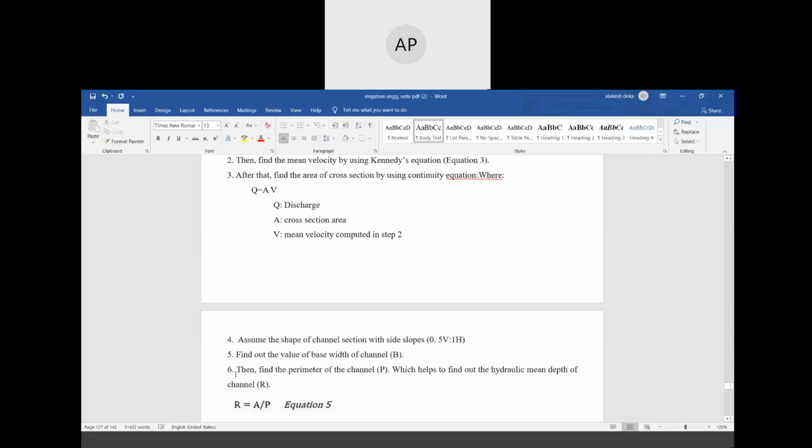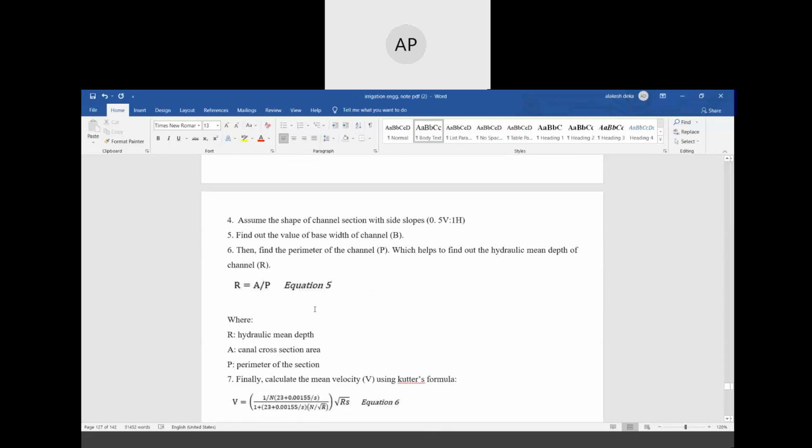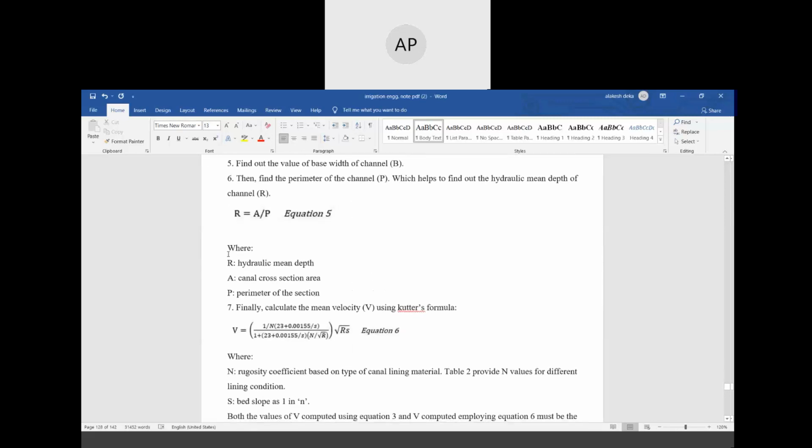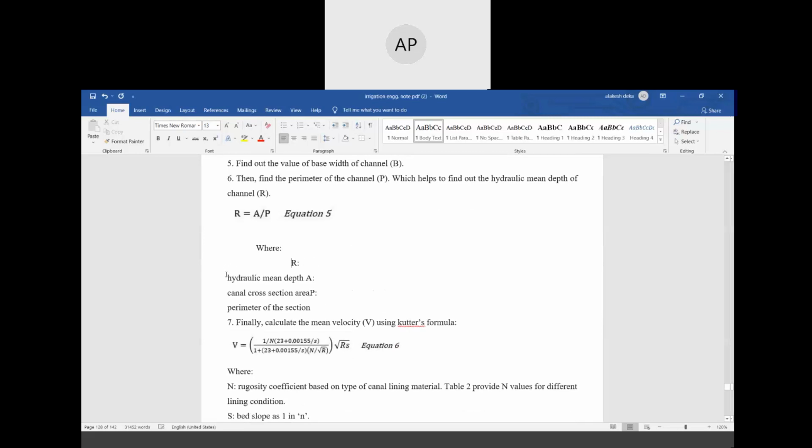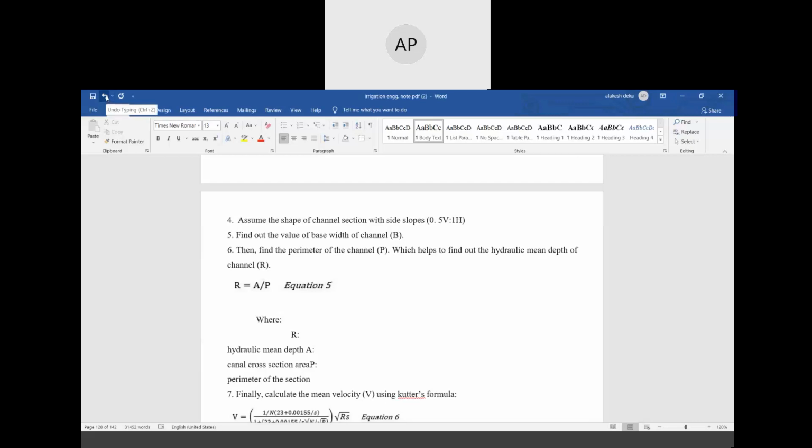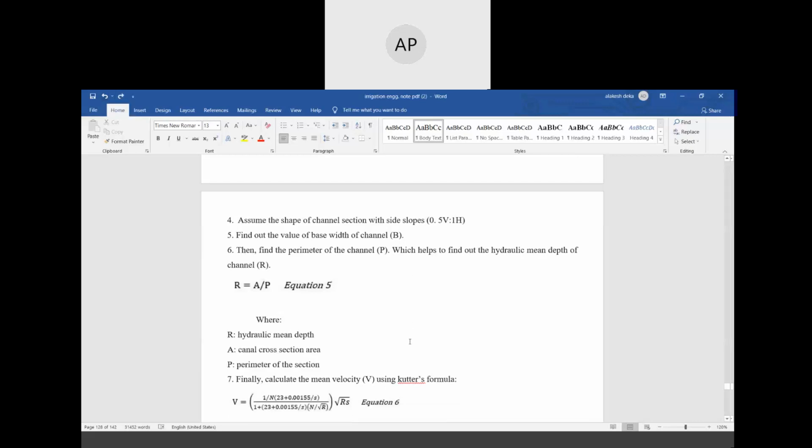Then number 6, find the perimeter of the channel, which helps to find out the hydraulic mean depth, R equal to A by P, where R is the hydraulic mean depth, A is the canal cross-sectional area, and P is the perimeter of the section. And step number 7 is finally to calculate the mean velocity using Kutter's equation.